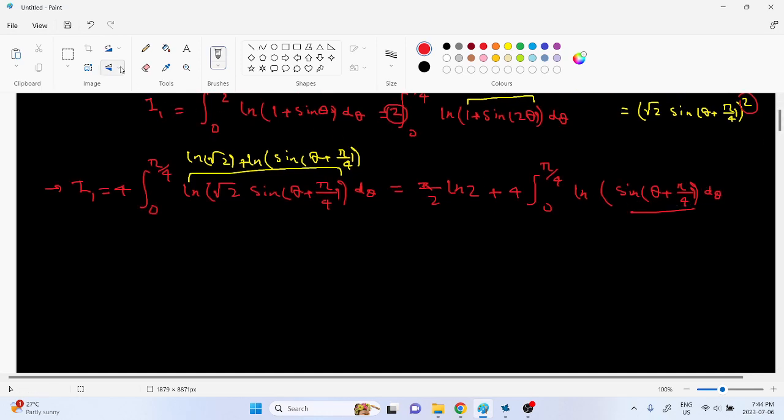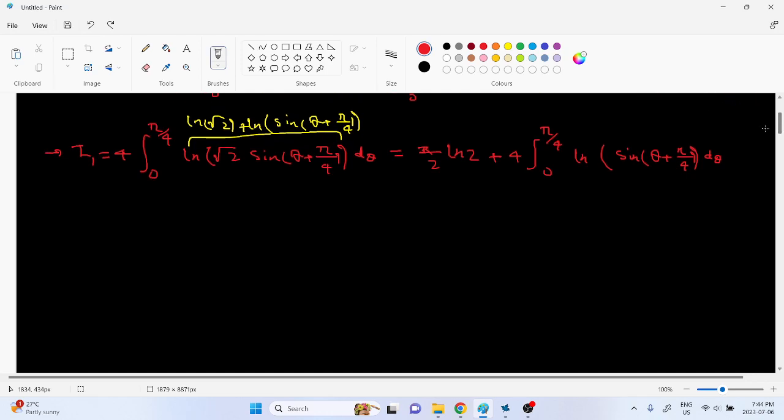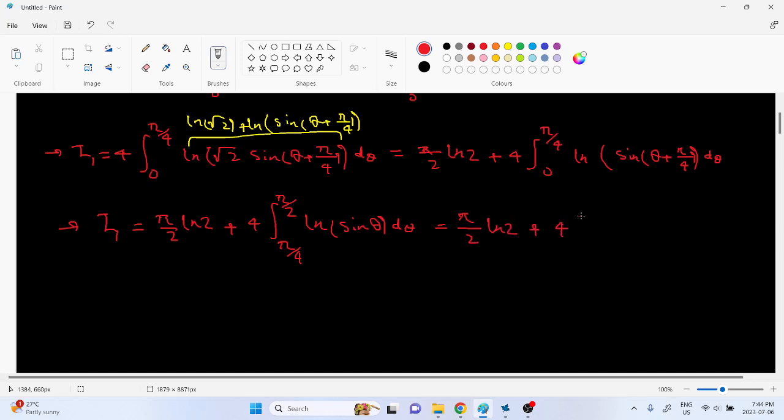Now I'm going to change theta in this integral to theta minus pi by 4, and it would change the bounds of integration to from pi by 4 to pi by 2, and our I1 becomes pi half of ln of 2 plus 4 times the integral from pi by 4 to pi by 2 of the natural log of sine theta d theta. For brevity, I'm going to write this as pi half of ln of 2 plus 4 times I2.